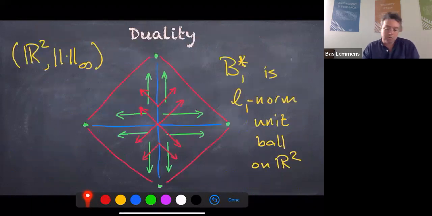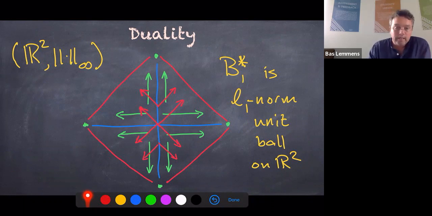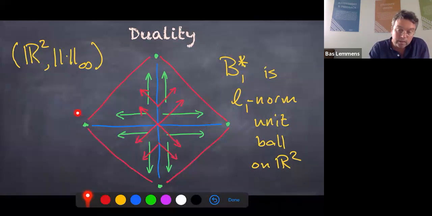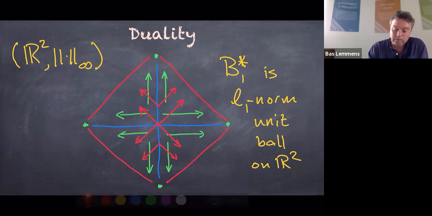Okay, so we can do this more systematically. If we take R2 with the maximum norm, then really we could go horizontal along horizontal rays in the plus direction, in the minus direction. That gives us these two points here in the Horofunction boundary. And we could go vertically up and down, which gives us another two points.